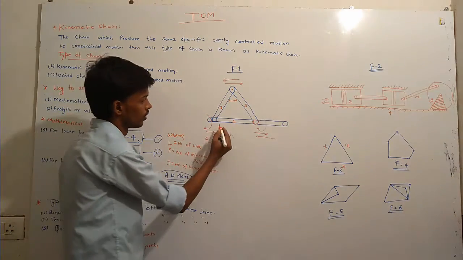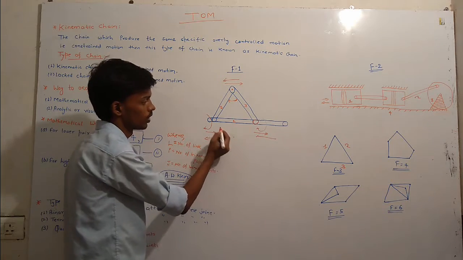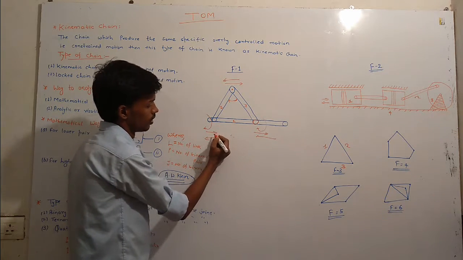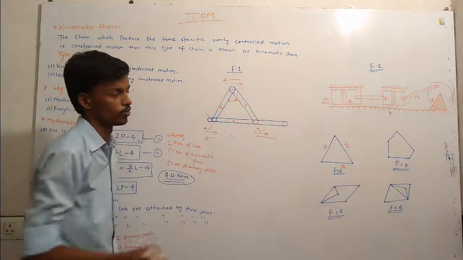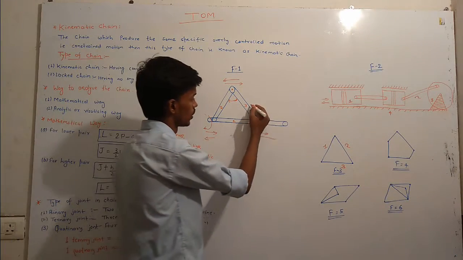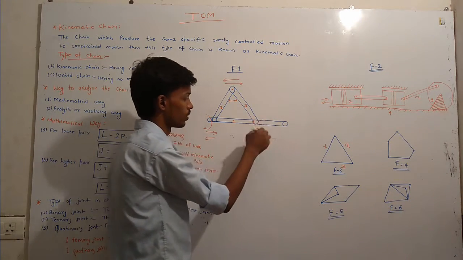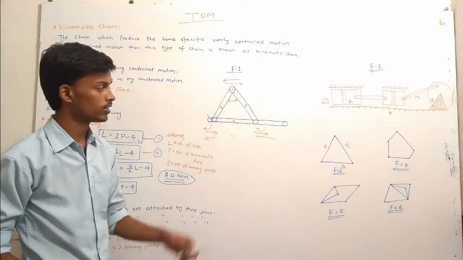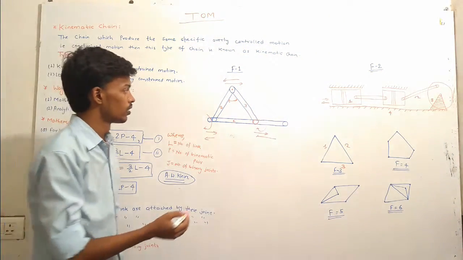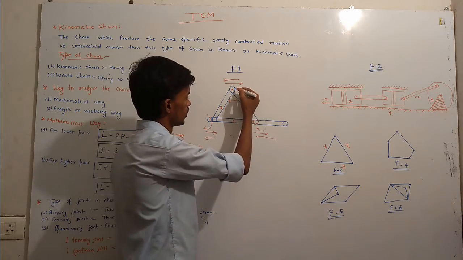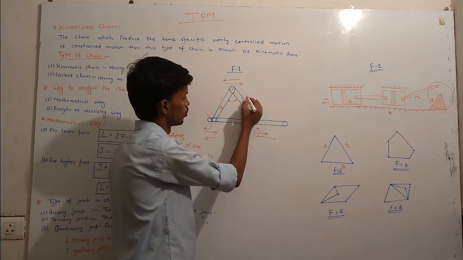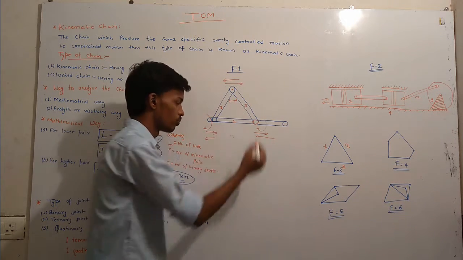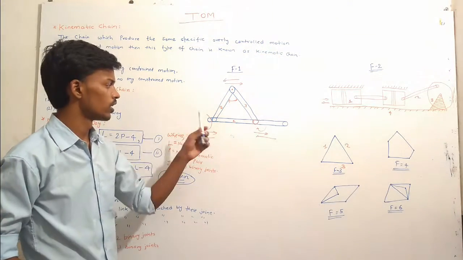So link number 2 has two types of motion on link number 1, that is the oscillation motion and the rotational motion. Here link number 3 also has rotational motion as well as oscillating motion. But the point that is the joint of link number 2 and 3 has only the reciprocating motion, that is the oscillatory motion.